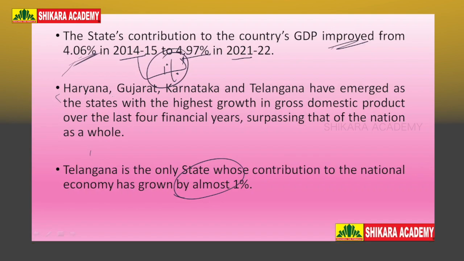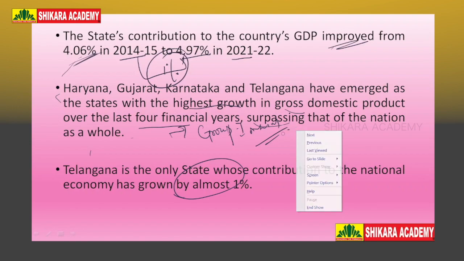Now, states like Haryana, Gujarat, Karnataka, and Telangana have emerged as the states with the highest growth in gross domestic product over the last 4 financial years, surpassing that of the nation as a whole. So these states' growth rate was more than the growth rate of the nation, and these are points that you can use while writing Group 1 mains answers. This point is relevant from both Group 1 and Group 2 perspectives. You need to note these points.